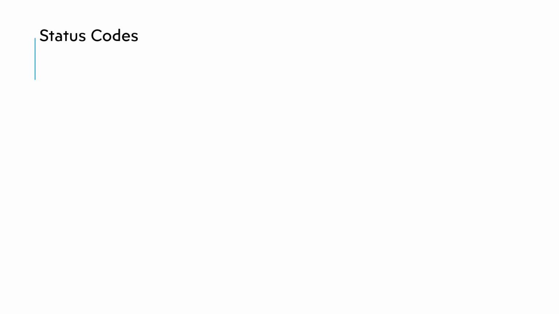Those codes signify whether the request was successful, a failure, or requires some additional information. These codes are normally sent in the header, and it is the responsibility of the client code to parse that response, read those codes and act accordingly. So there are five types of codes. Let us see them one by one.